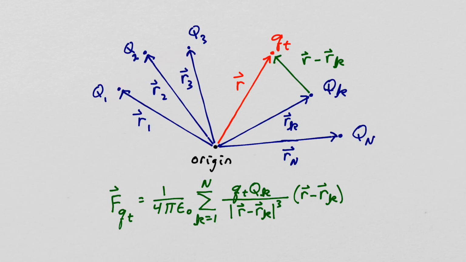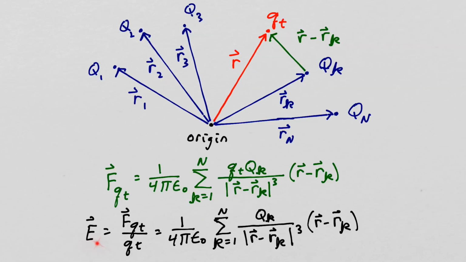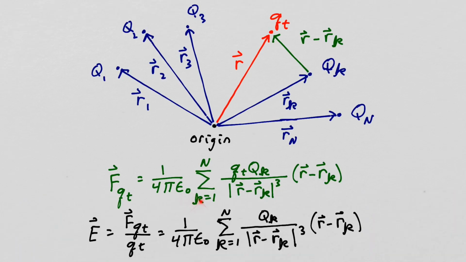We will now divide both sides of this equation by our test charge Q sub t, and we have our expression for the electric field intensity at some point r due to n point charges. Since we saw that superposition holds for Coulomb's law, and since the electric field intensity is defined with Coulomb's law, superposition holds also for the electric field intensity.